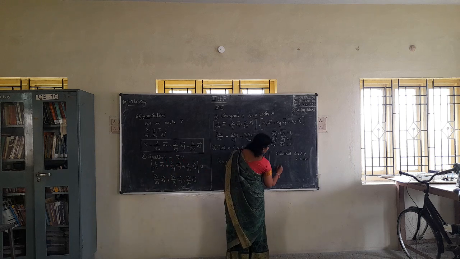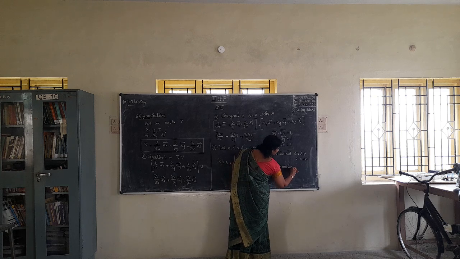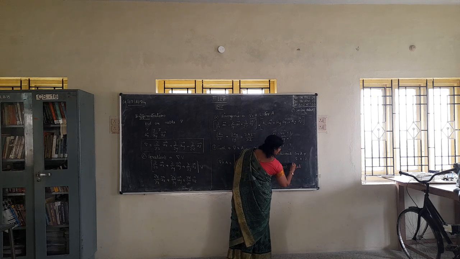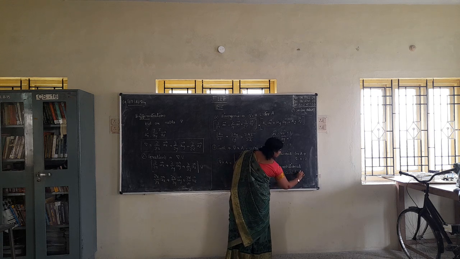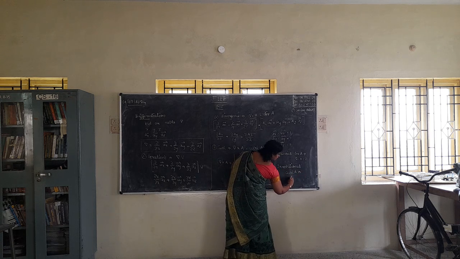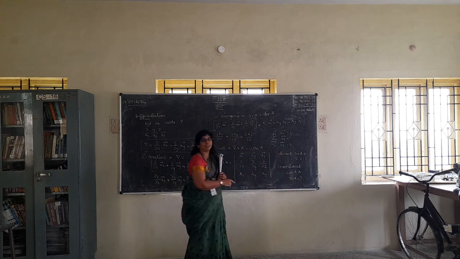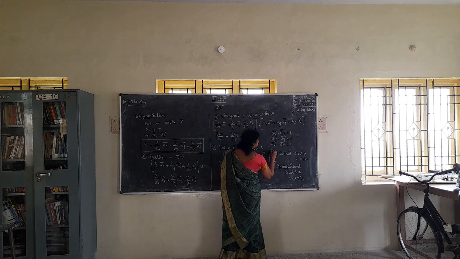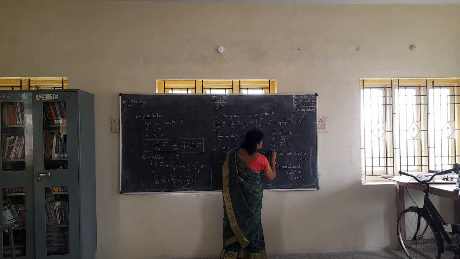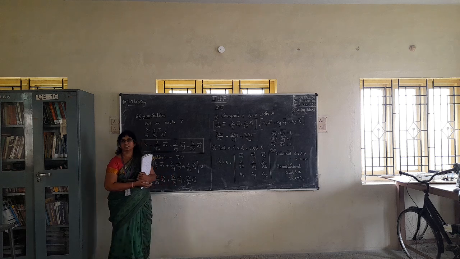Similarly, if the curl del cross A is 0, it is called as irrotational. So these two are called as applications of curl and divergence.